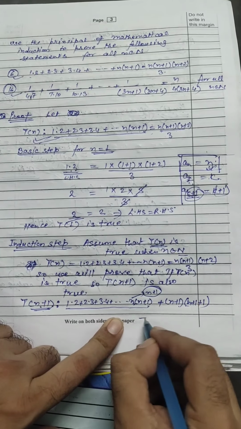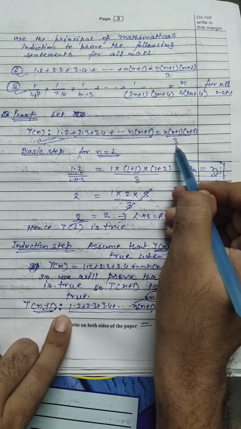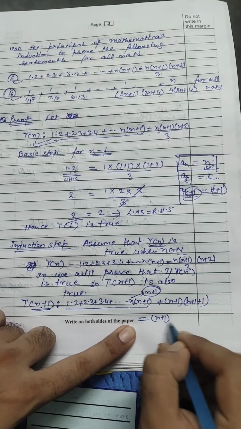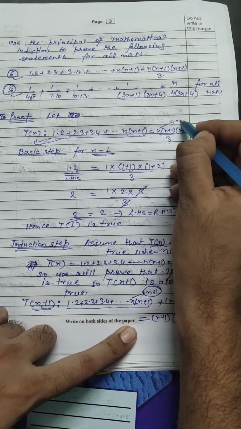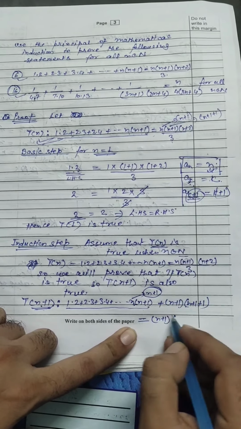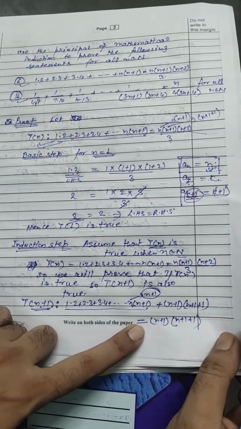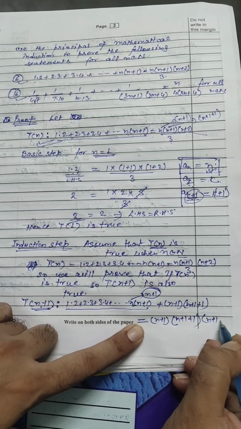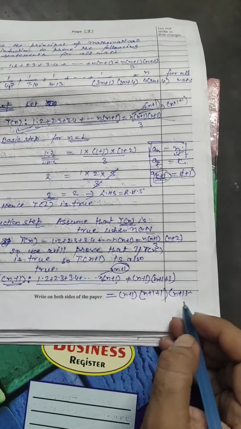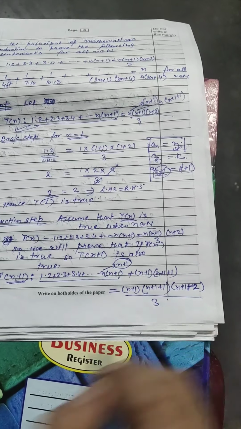And now what is your RHS? From the RHS you are seeing it's n of n plus 1, n plus 2 upon 3. Is it clear? So we will put n plus 1 at the place of n. So this will be n plus 1, n plus 1 plus 1, and the next one is n plus 1 plus 2, upon 3.